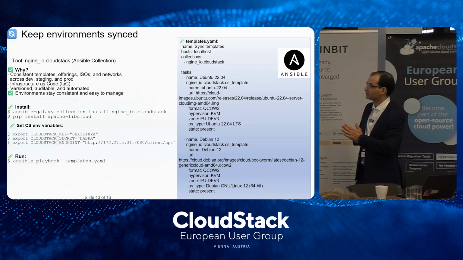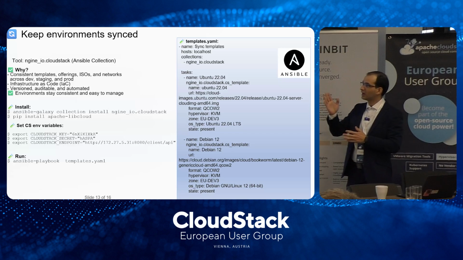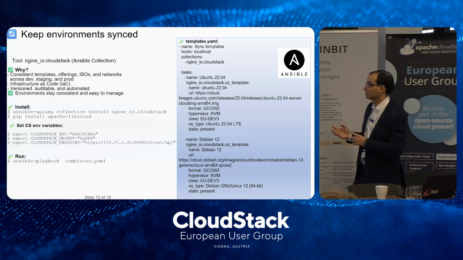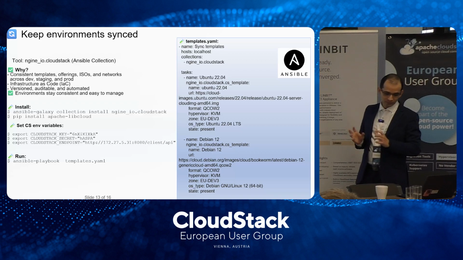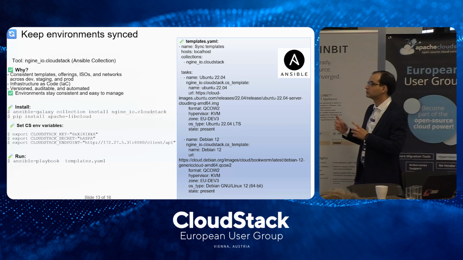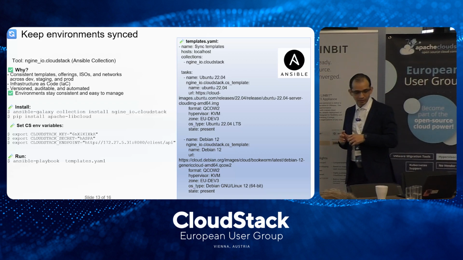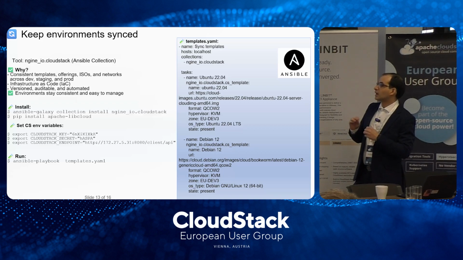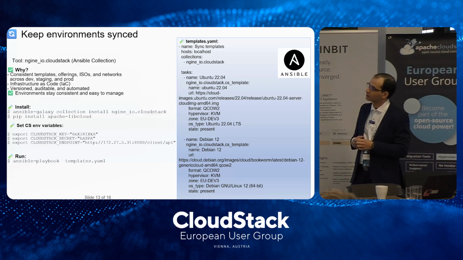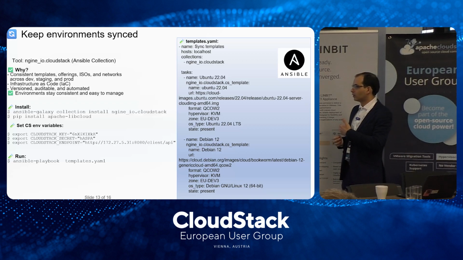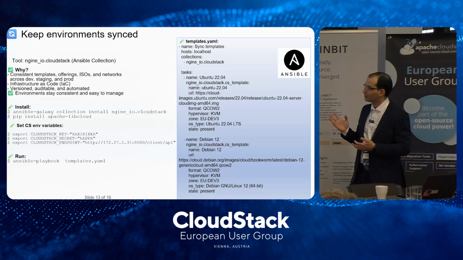The tool is Ansible, but the collection ansible-collection-cloudstack is fantastic. You can create a repo. That's what we are doing right now at Honolulu in your GitLab server, and you can keep consistent templates, offerings, ISOs, networks, and you can keep it versioned, auditable, and automated.